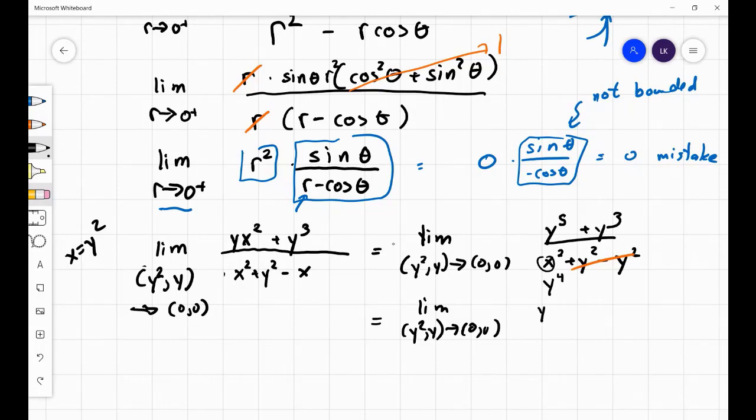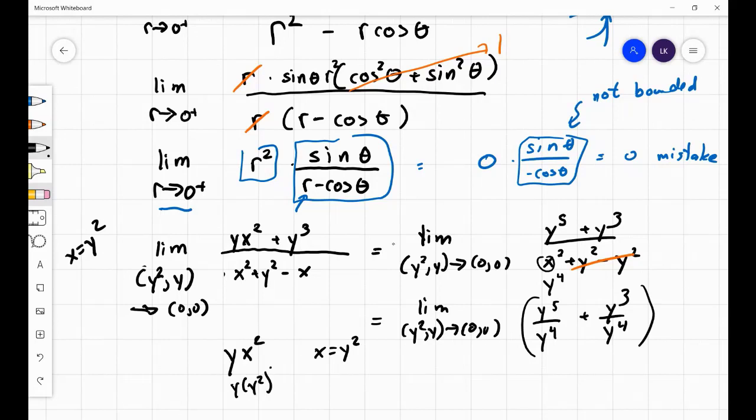So we get... is it y to the 5th? Like in the numerator? In the numerator, it's y to the power 5. Wait, aren't you doing y squared? X equals y squared. Oh, x equals y squared. Okay. So yeah, y to the power 5 in the numerator.